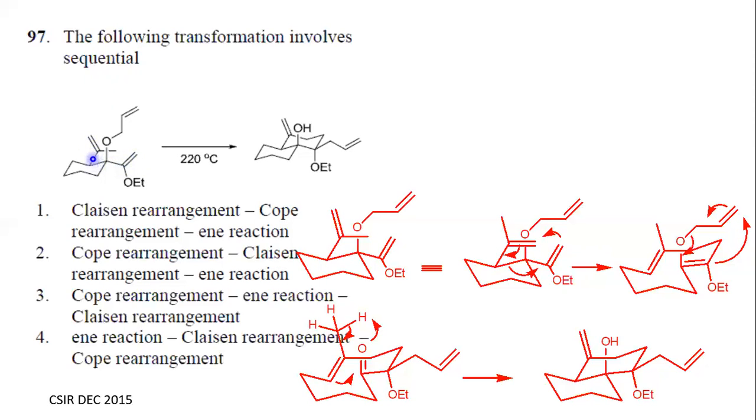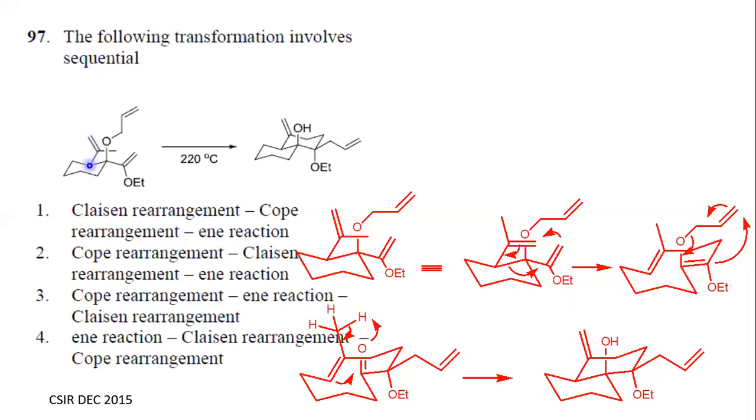So this would become an example of a 1,5-diene system because the position of the double bonds will be 1 and 5. And if you do numbering from this end, going through like this, 1, 2, 3, 4, 5, 6, the position of double bonds are not at 1, 5, they are at 1, 6 positions. So now we should start with the 1,5-diene system, doing the 3,3 sigmatropic rearrangement reaction.